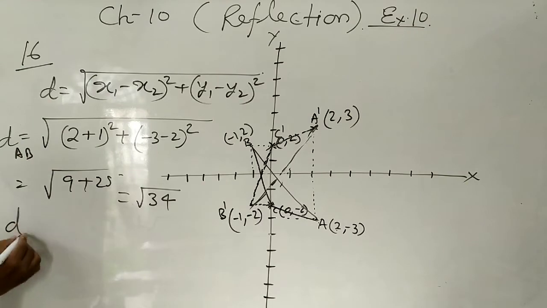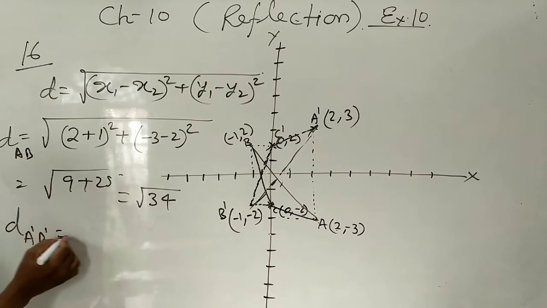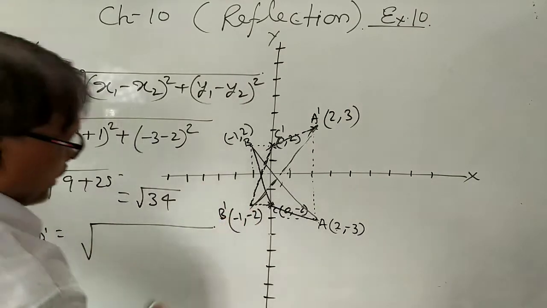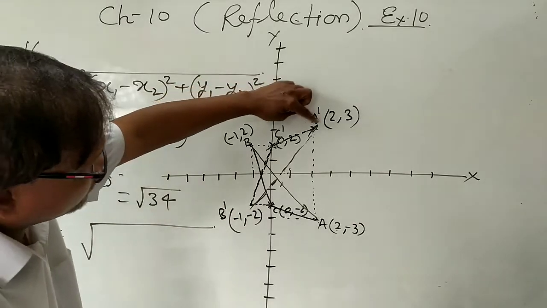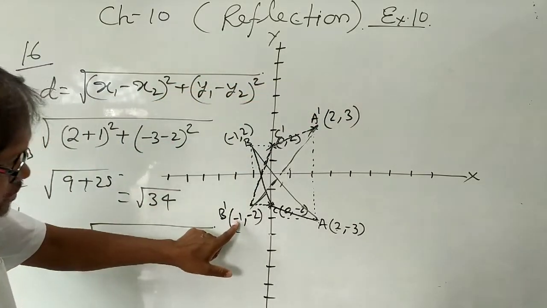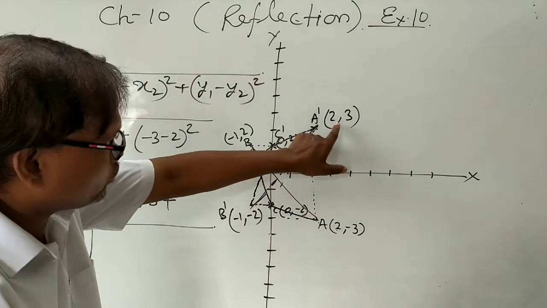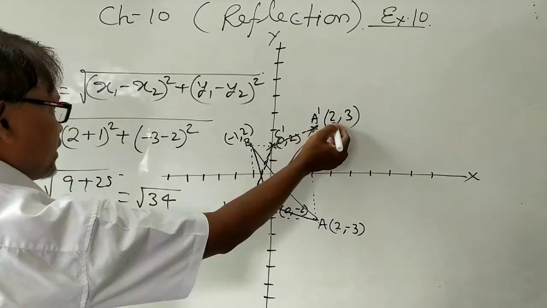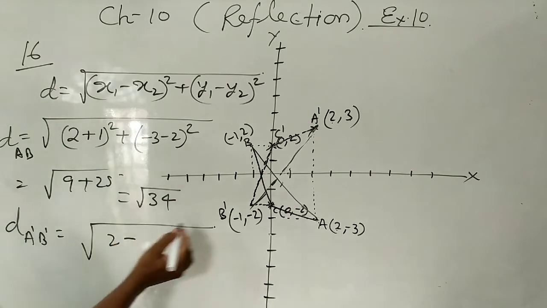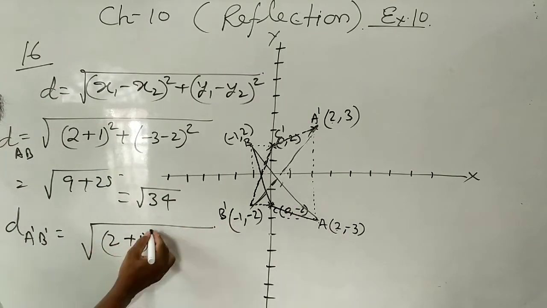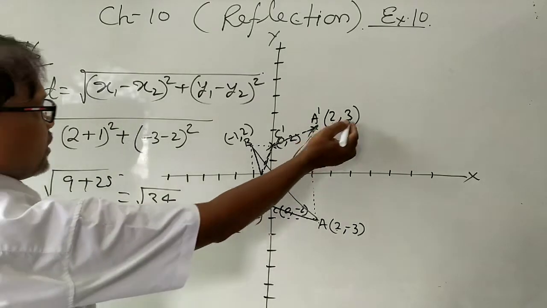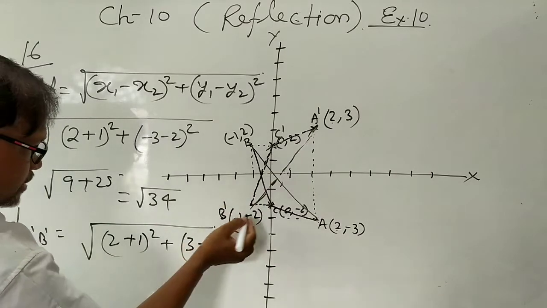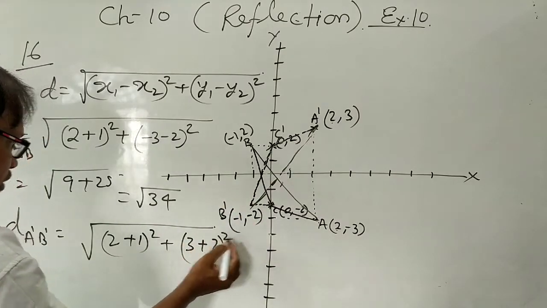Now in the same way we calculate A dash B dash, showing that these are the same. A dash is (2, 3) and B dash is (-1, -2). If we take x1 y1 and x2 y2, then x1 is 2 minus (-1), plus y1 is 3 minus (-2), whole square.